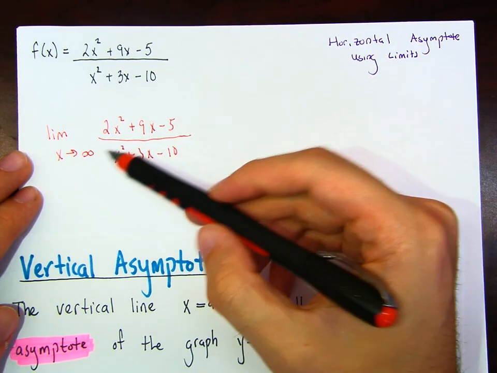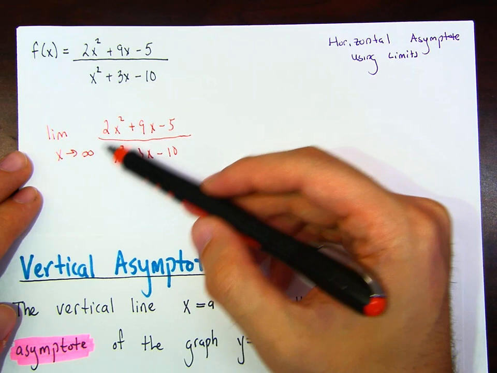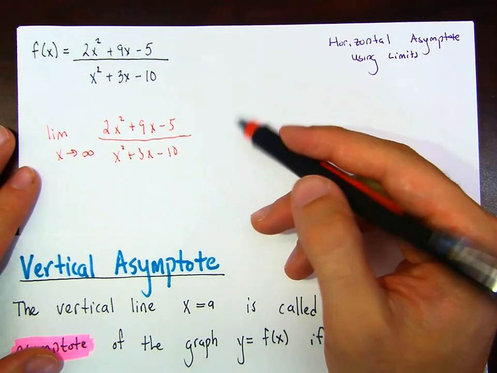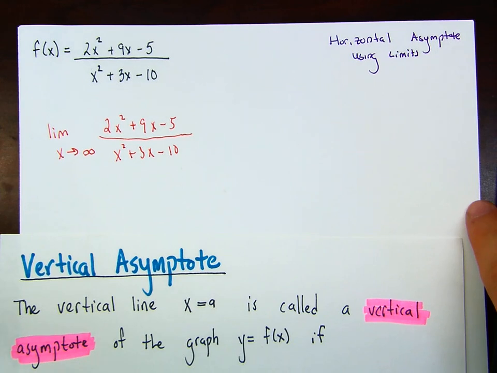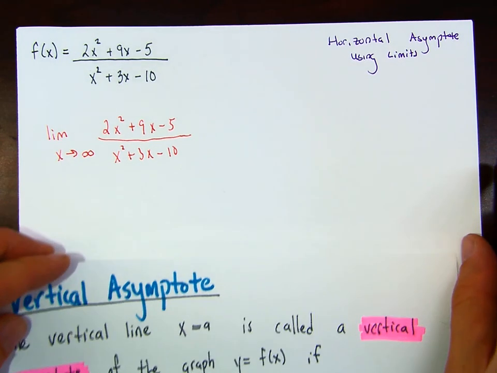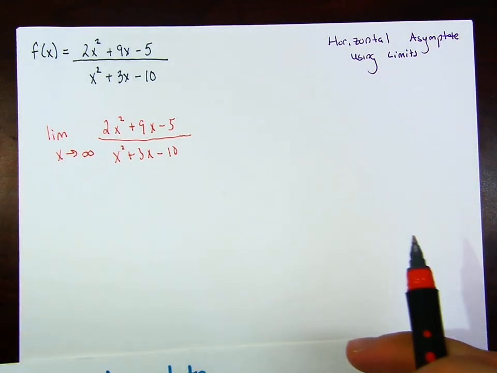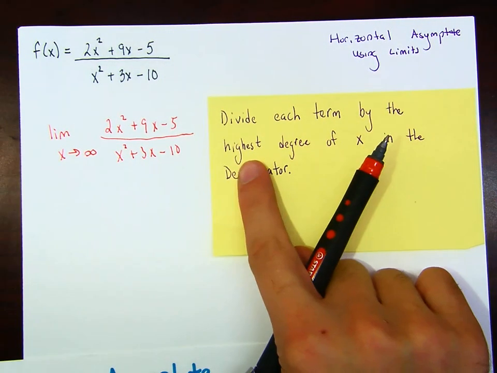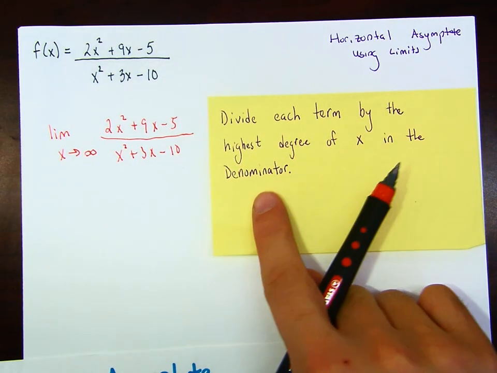Now, you're not allowed to just plug in infinity, not yet, because it gets a little bit weird. So you're allowed to do an algebra 2 trick, which looks something like this. You divide each term by the highest degree of x in the denominator.